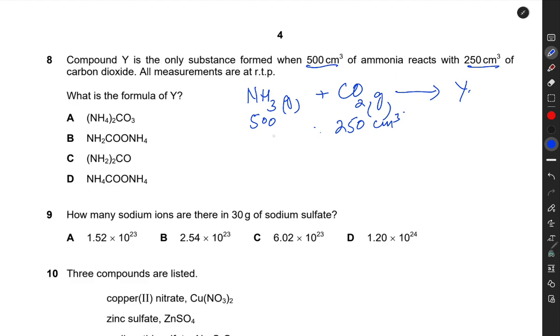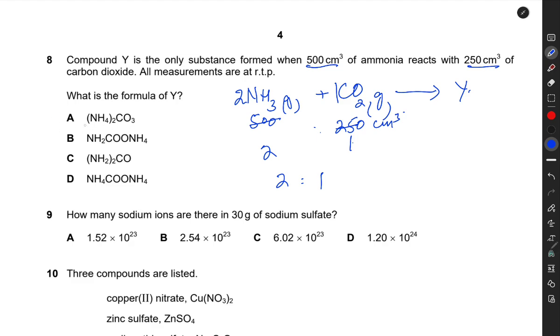By simplifying, 500 is 2 and 250 is 1. So we have a 2:1 ratio, 2 moles of ammonia and 1 mole of carbon dioxide to form Y. Now calculate the number of hydrogen, nitrogen and carbon atoms in the compound.